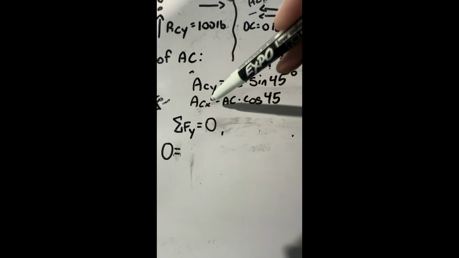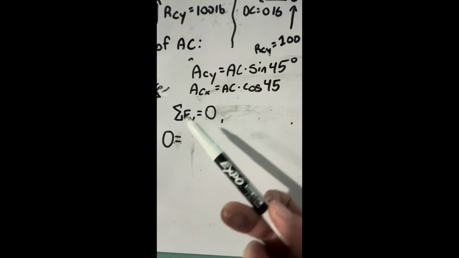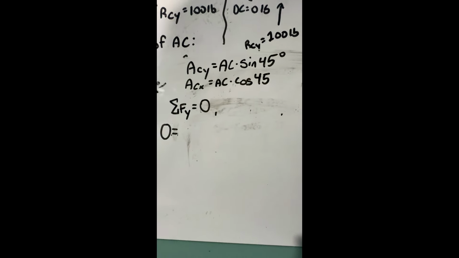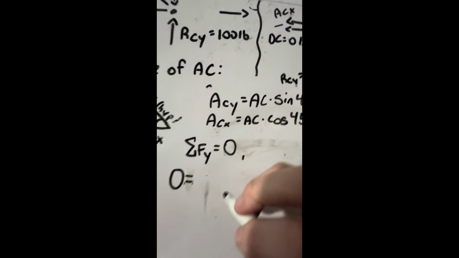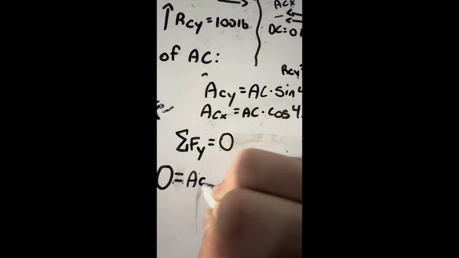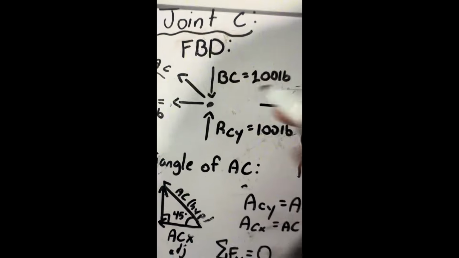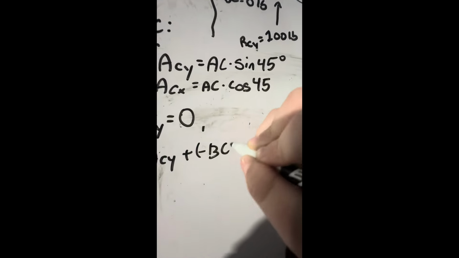Now that we have both of our equations to find ACY and ACX, we can use this equation, sum of the forces in the y direction is equal to 0, to find the rest of our values to get AC. So we know that ACY is in the y direction, and we also know that BC, which is negative because it's going down, is also in the y direction.